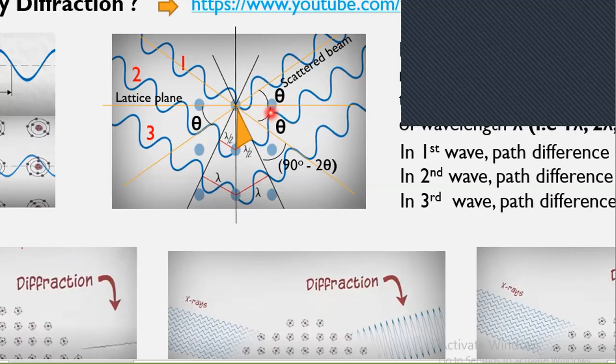Here, one complete wavelength is from this point to this point. If I displace wave 2 by half of the wavelength relative to the first, we have to displace the second wave by half of the wavelength. So if you displace the second wave by half of the wavelength, this crest will be displaced and come to this point.